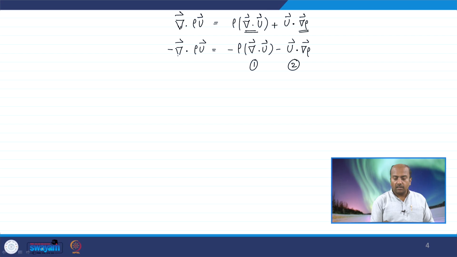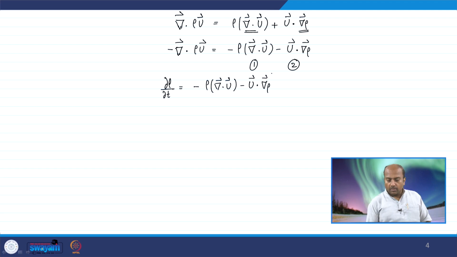I am going back and substituting this into the continuity equation that I have just derived, which is dou rho by dou t is equal to minus rho times the divergence of velocity minus u dot gradient of density.